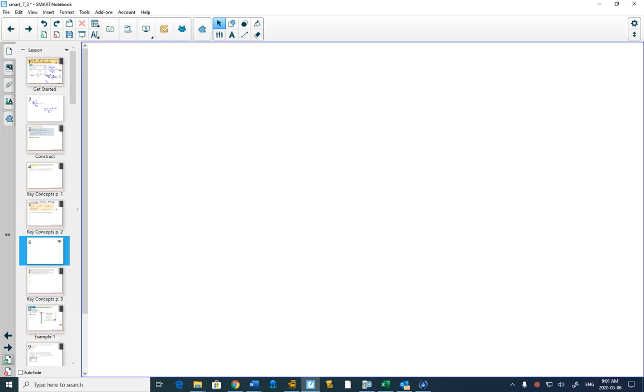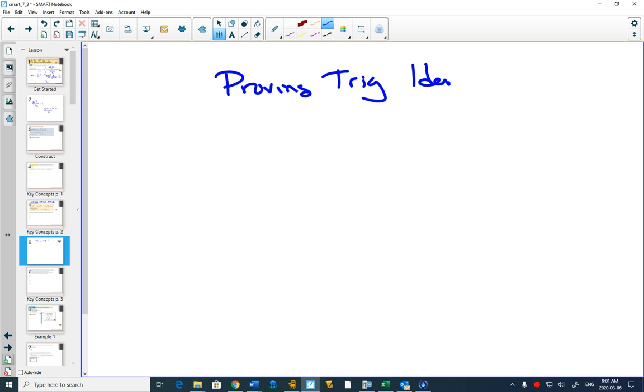What we're going to use these basic ideas for is the next main thing that we're going to look at, which is proving trig identities.